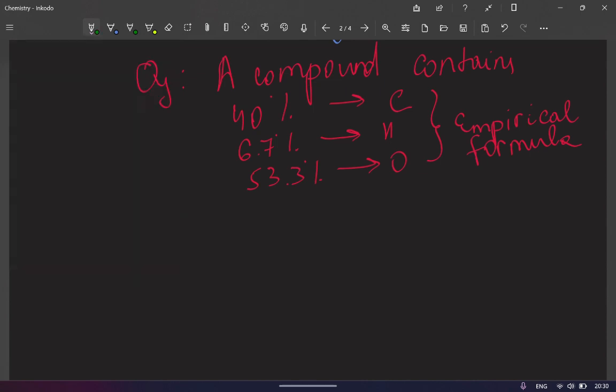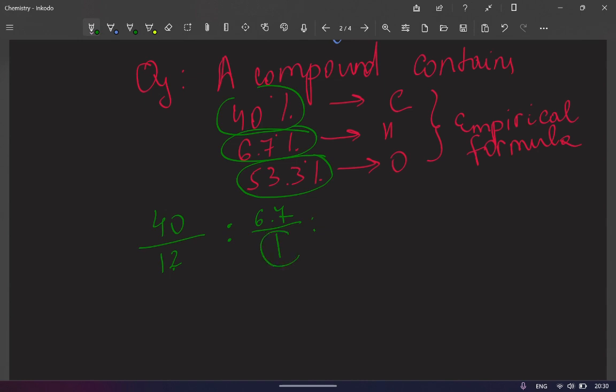What we will do is, as I've said before, we need to find moles of every individual element using its percentage given. So we are given that we have 40% of carbon, 6.7% of hydrogen, and 53.3% of oxygen. Now let's divide all these percentages by their atomic masses and form a ratio.